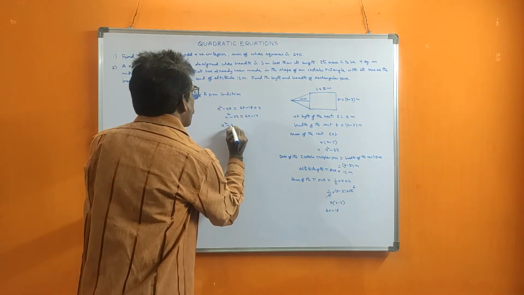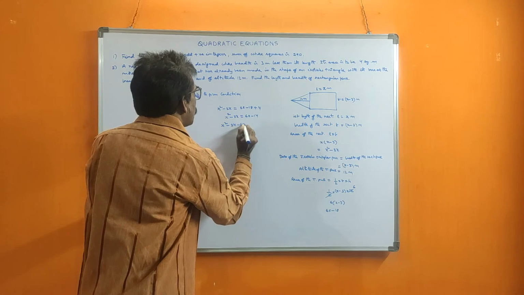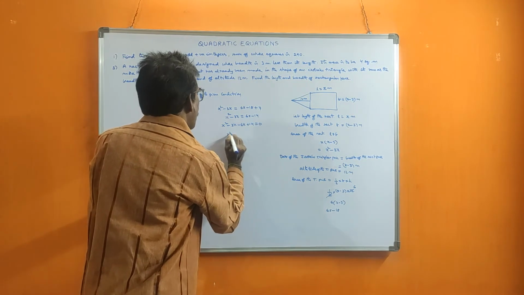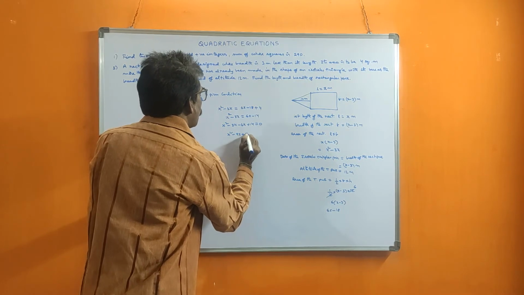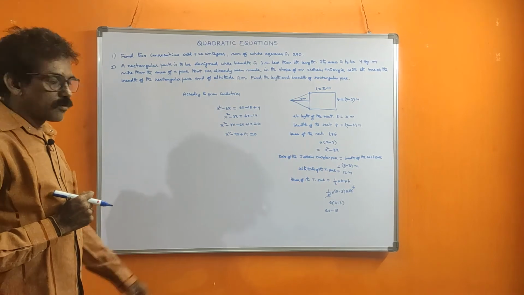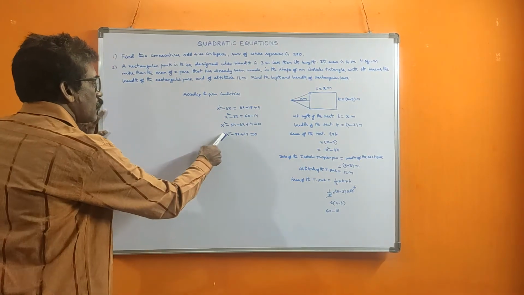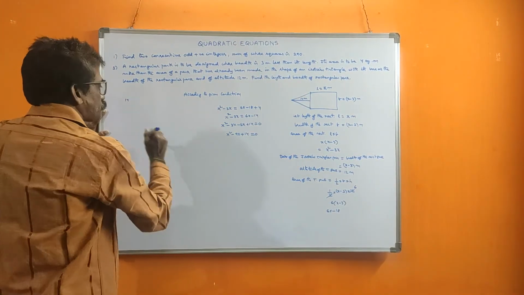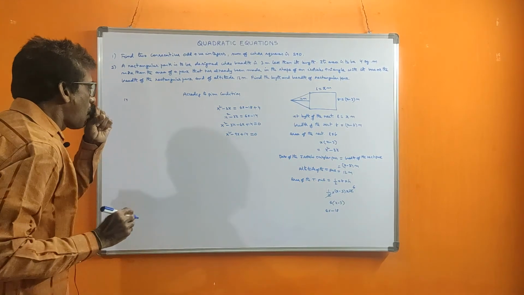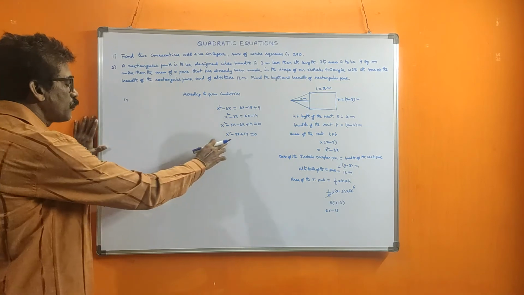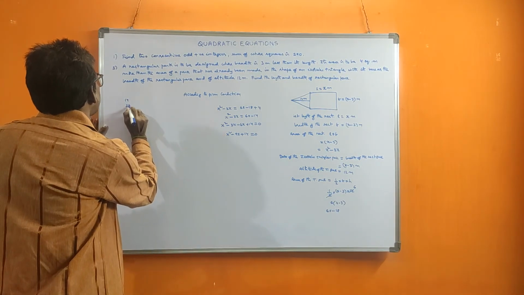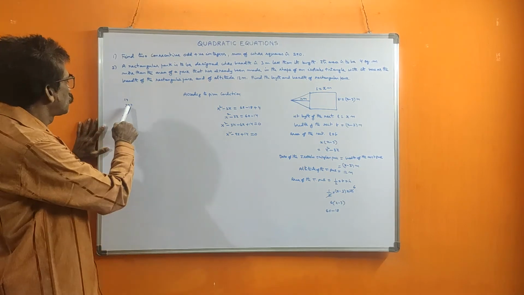Now x square minus 3x, this comes to this side, minus 6x, this comes to this side, plus 14 is equal to 0. So x square minus 9x plus 14 is equal to 0. Again we got a quadratic equation in standard form. 1 into 14 is 14, and by adding we should get 9. Factors of 14 are 2 into 7, and 2 plus 7 is 9.